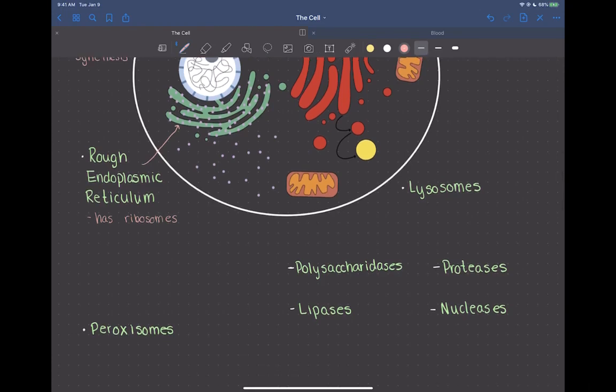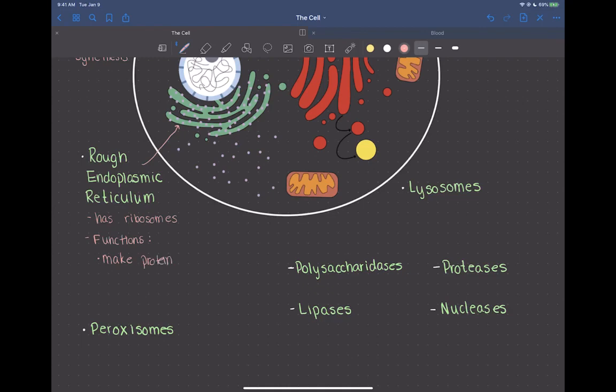Let's talk about the functions of that rough ER. The function is pretty straightforward since it has ribosomes attached. The job of those ribosomes is going to be to make proteins, and that's actually the function of the rough ER, to make proteins.